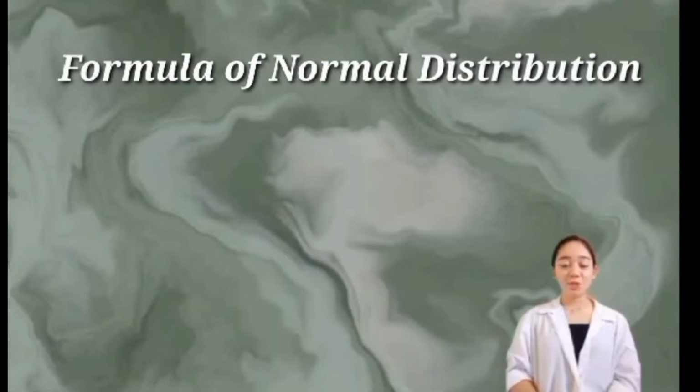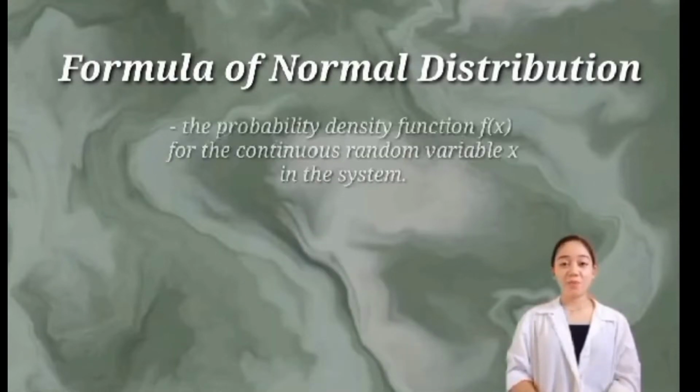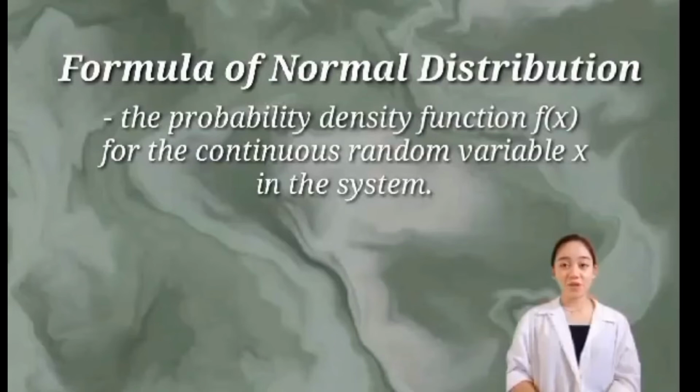Okay, without further ado, let me discuss the formula of the normal distribution. The normal distribution is defined as the probability density function f of x for the continuous random variable x in the system.